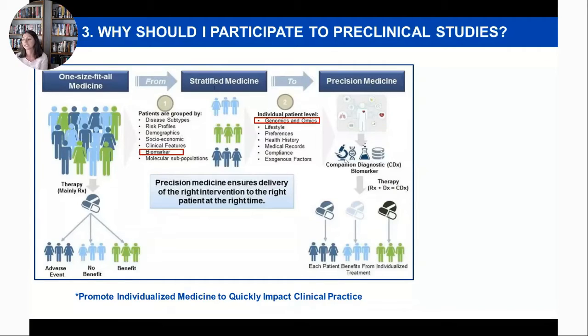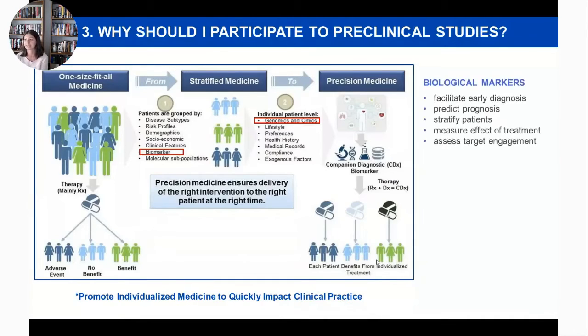So basically, you can target each patient and see a benefit from each individualized treatment. So basically, we are promoting individualized medicine to quickly impact the clinical practice. So the two important things that we are looking at is, like I said, biological markers.